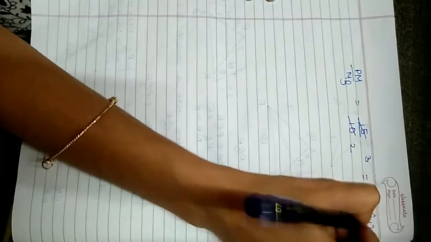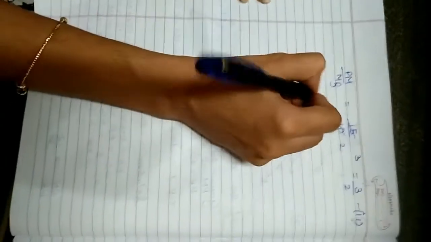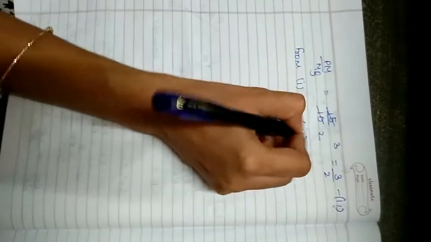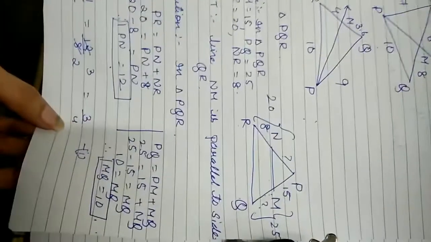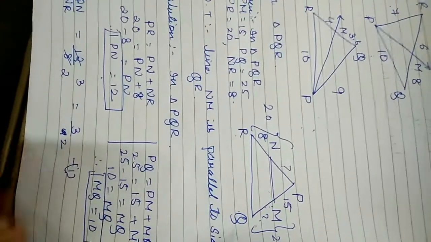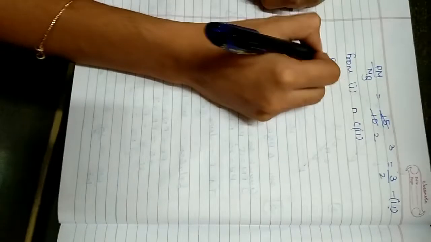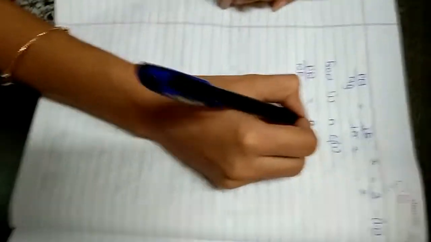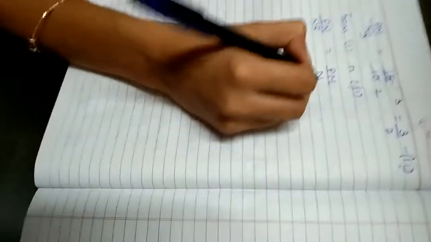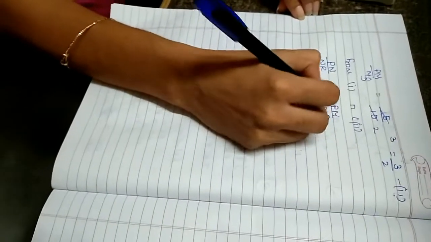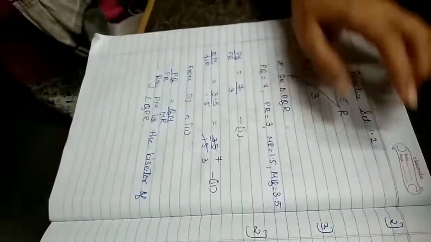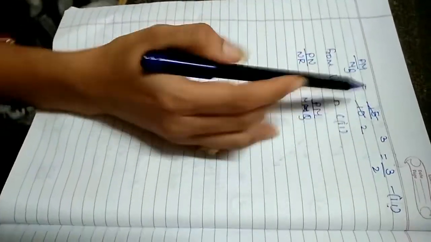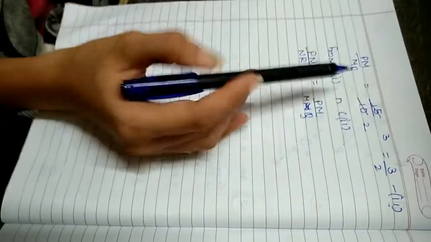This is equation 2. From 1 and 2, PN upon NR is equal to PM upon MQ. The ratios are equal.